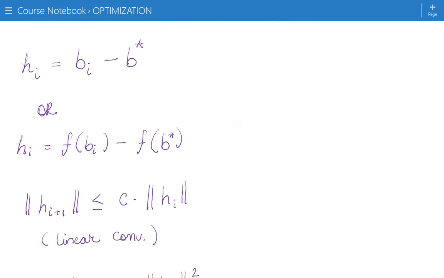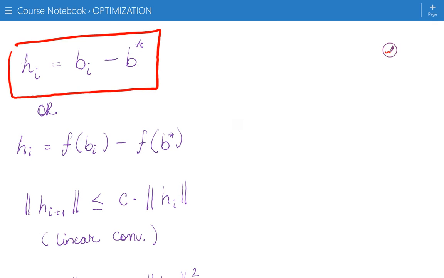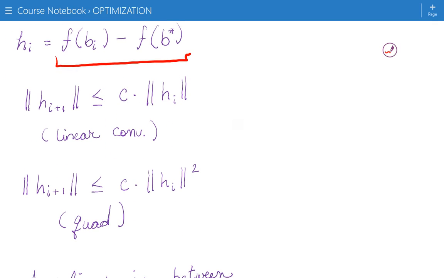So let's consider a distance from the optimal point, or we could consider the difference in the functional value. Linear convergence means essentially that the magnitude of this difference, how far away you are at each iteration, is just some constant linear scale of the distance it was before.